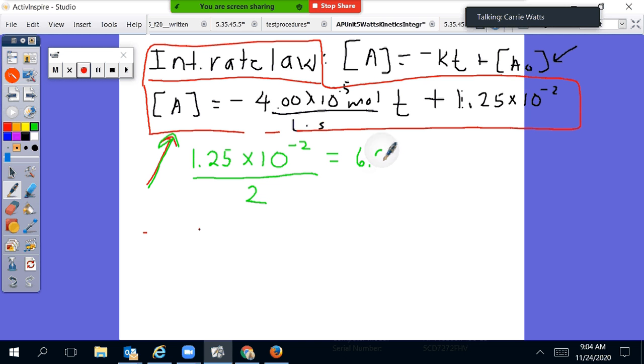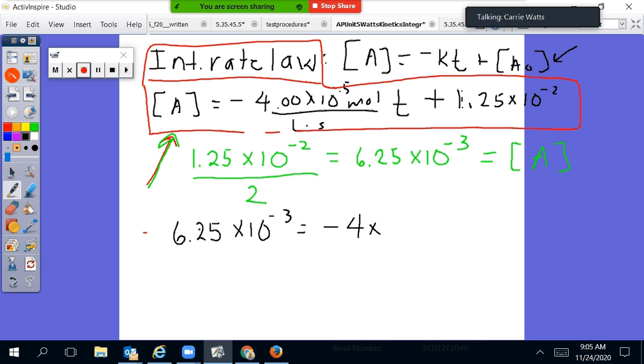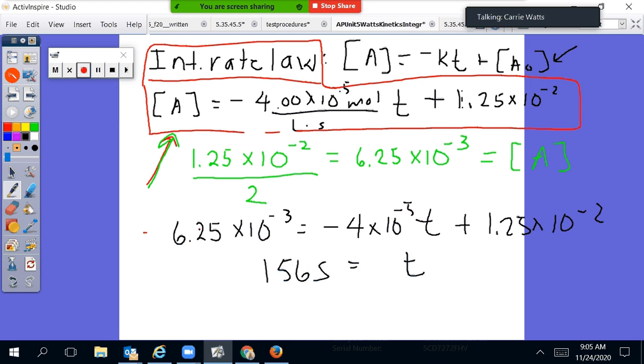I got 6.25 times 10 to the negative third, and I used that for my A. Then I solved for T. There will be a half-life equation we're going to get into, but this is just an easier way to do it. So I had 6.25 times 10 to the negative 3 equals negative 4 times 10 to the negative 5 T plus 1.25 times 10 to the negative second. Then I just solve for T, and I get a half-life of 156 seconds.